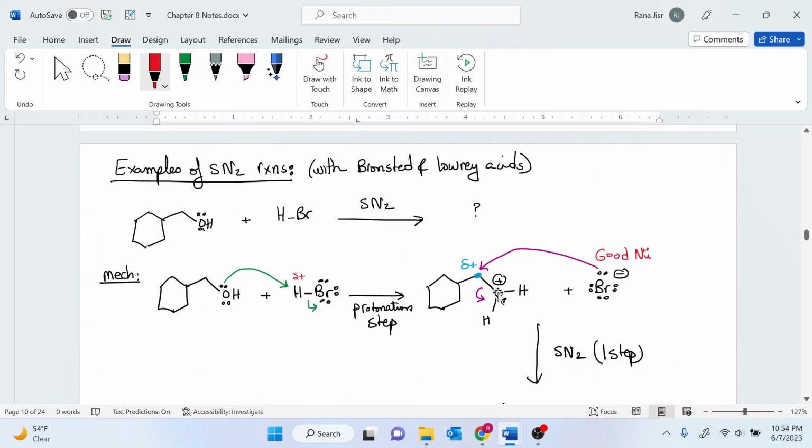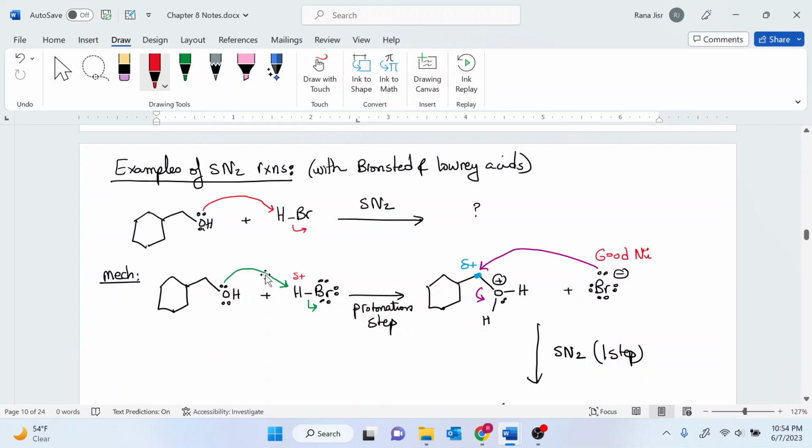So let's go ahead and have an example over here. We're starting with HBr, and the first step is going to be always the protonation of the oxygen, and the Br is going to leave. Every time you make a bond, you break a bond. The oxygen is the nucleophile, and the hydrogen here is the electrophilic site.